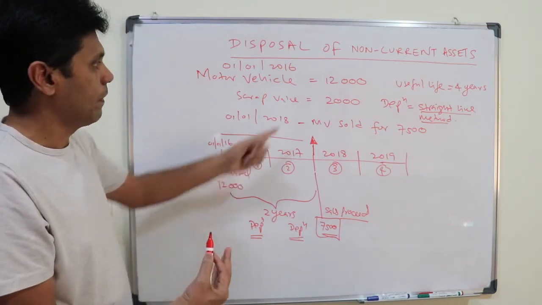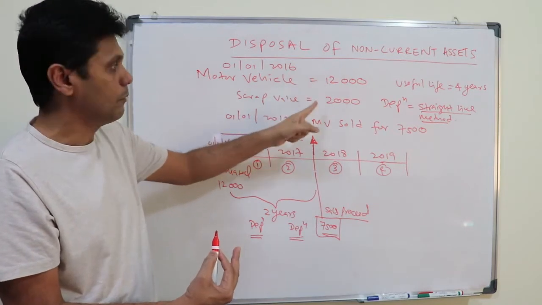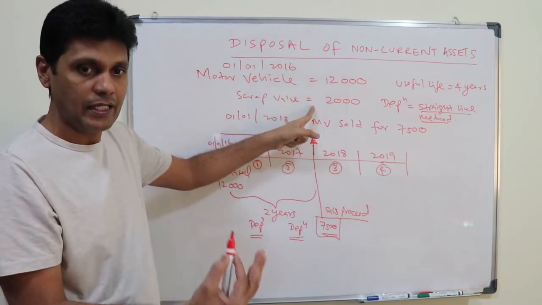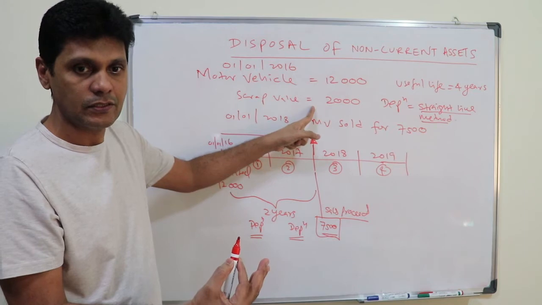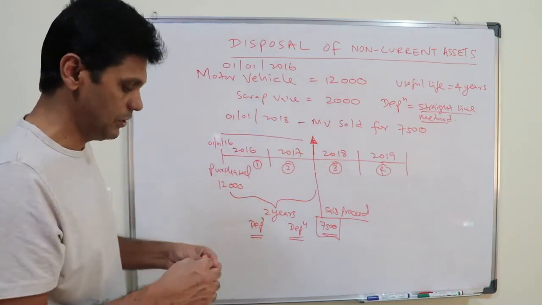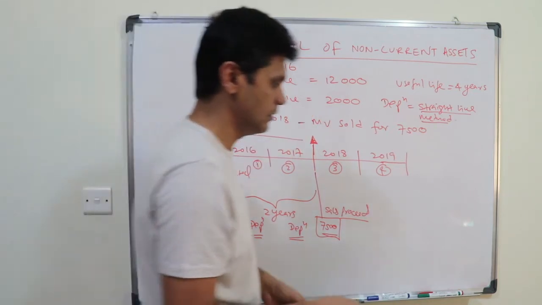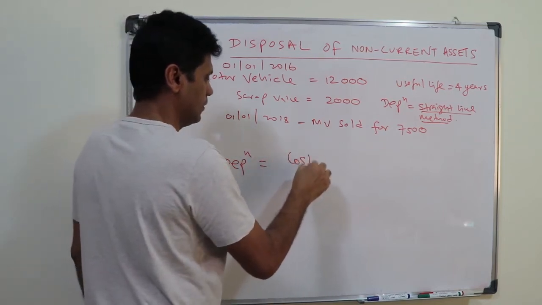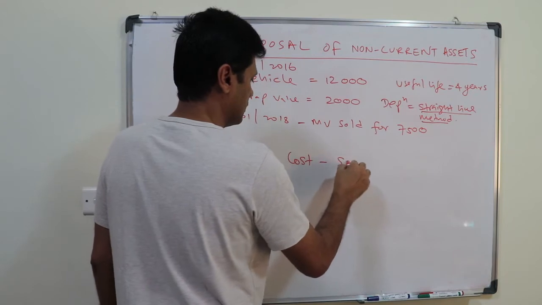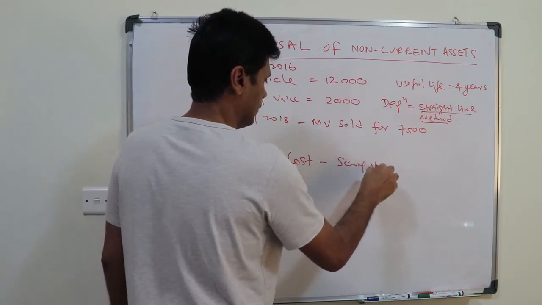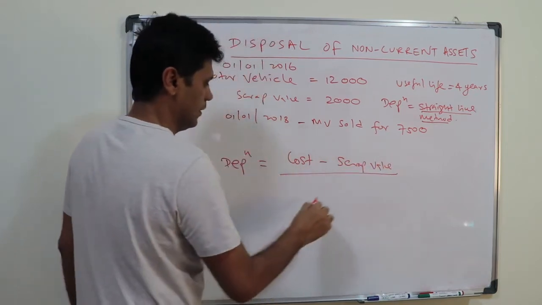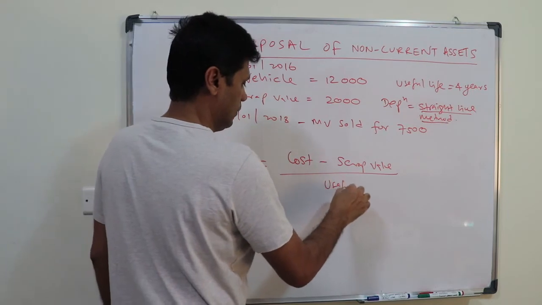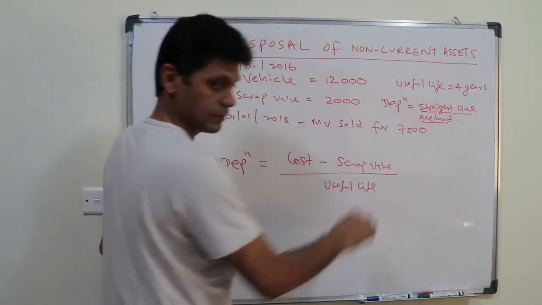What is the formula? You take the cost, remove the scrap value and divide by the number of years. So please calculate the depreciation. Depreciation is cost less scrap value, divided by the useful life of the asset.